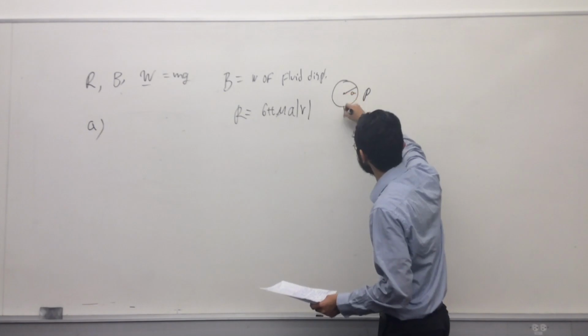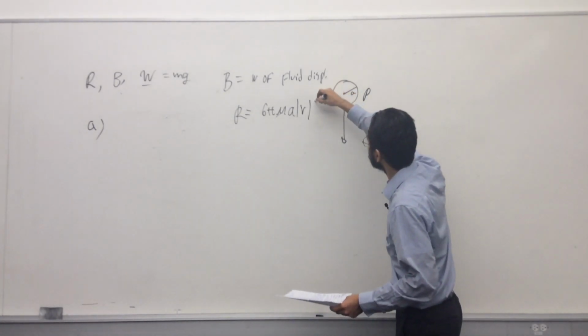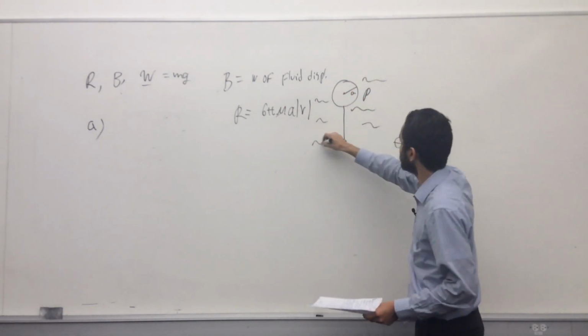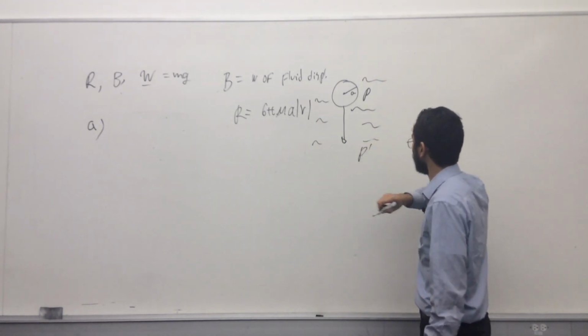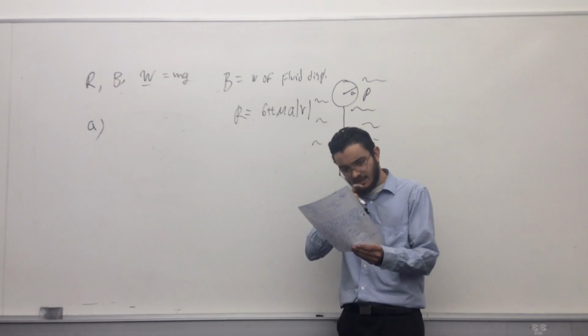Let's make a little drawing over here, with the fluid in which it is submerged. If it's oil, the density of that fluid is rho prime.